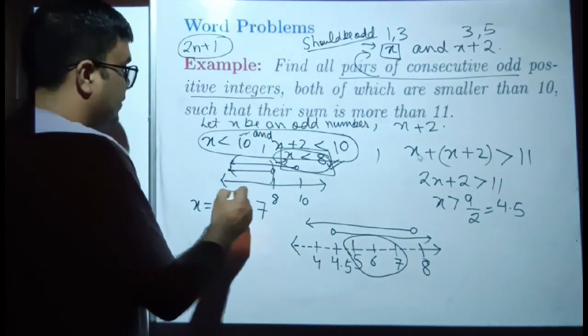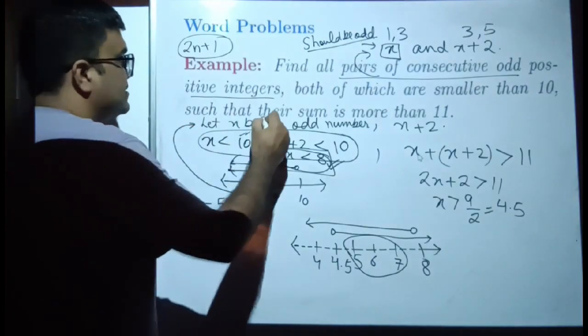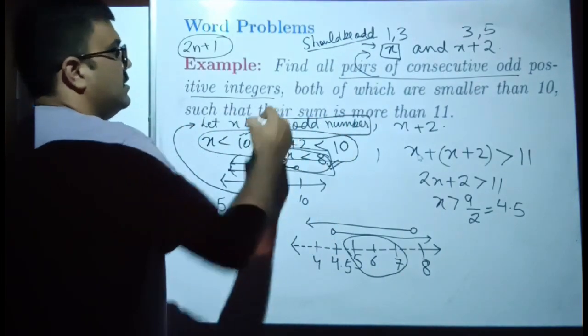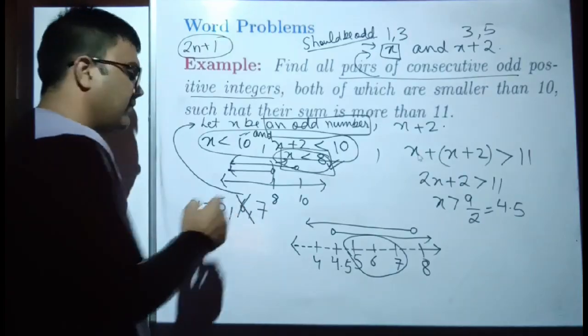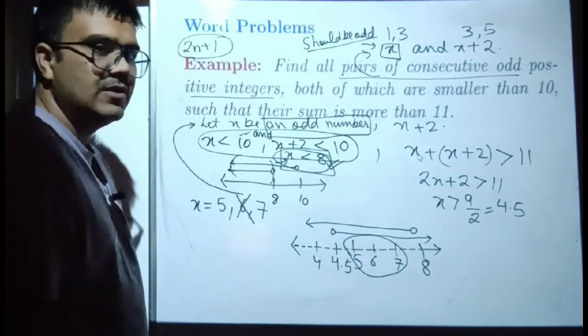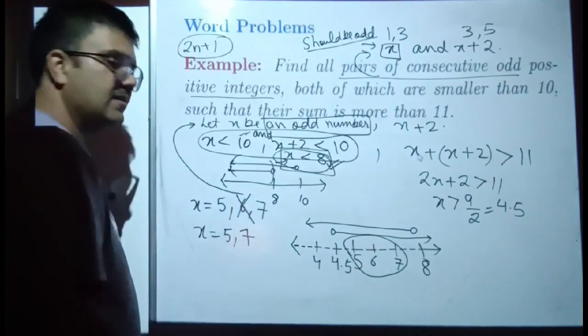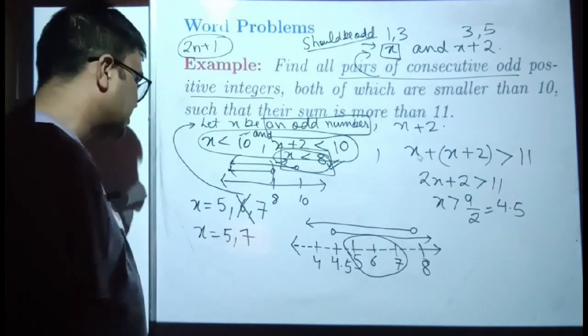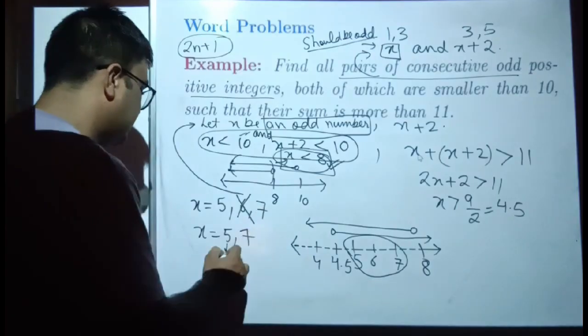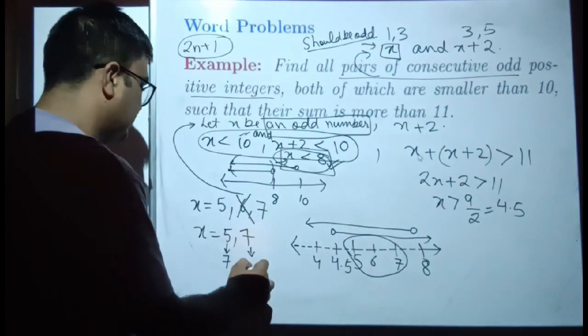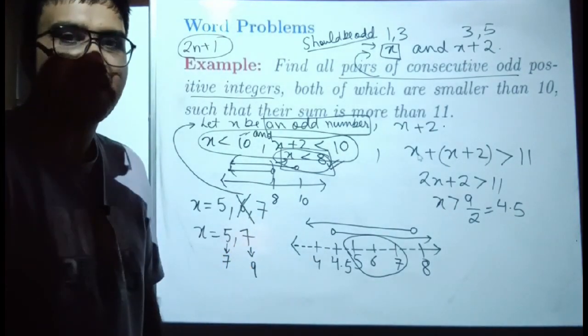What we have considered is, let x be an odd number. It means x cannot have value 6. So the possible values of x are 5 and 7. Corresponding to 5, the next number is 7, and corresponding to 7, the next number is 9.